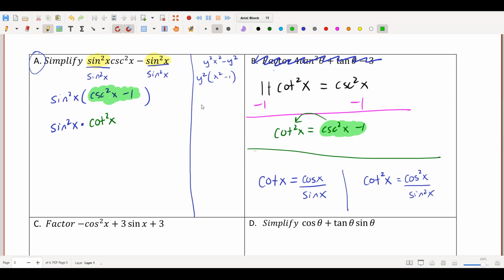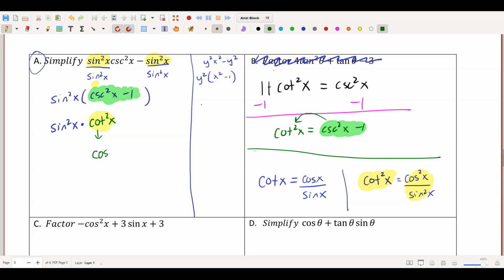So this is a puzzle piece that I can use, and this allows me to see if I can cancel things. Is there a common factor here? Right here, cotangent squared x is equal to cosine squared over sine squared. Let's just change that to our sine and our cosine.